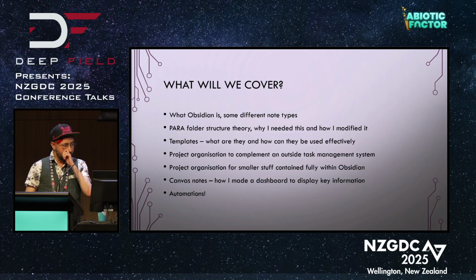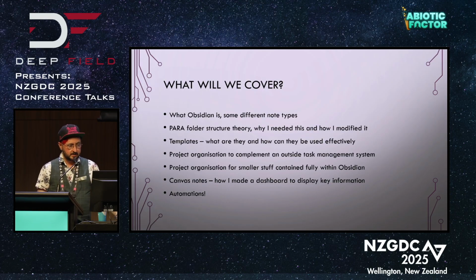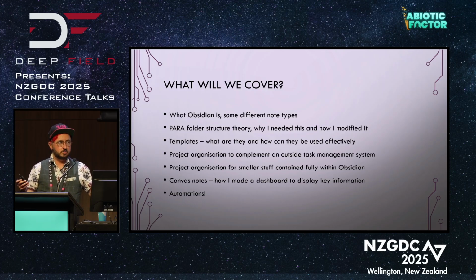So we are going to cover what Obsidian is and some different note types that you can use in Obsidian. I'm not going to go into huge depth on how to use Obsidian in the basic sense, like how to create a note.